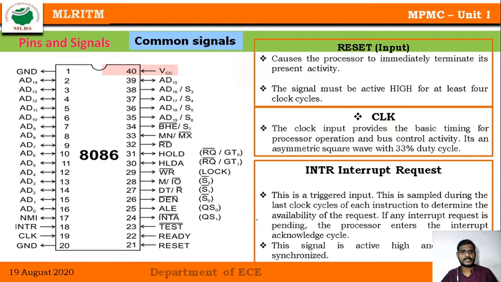Whenever an interrupt is raised through pin number 17, the processor stops the current execution and goes to serve that interrupt request, and after attending it, it comes back to its original position and continues the task which was held previously. So this NMI interrupt has the highest priority.